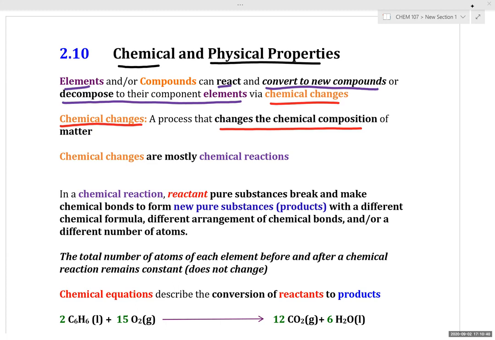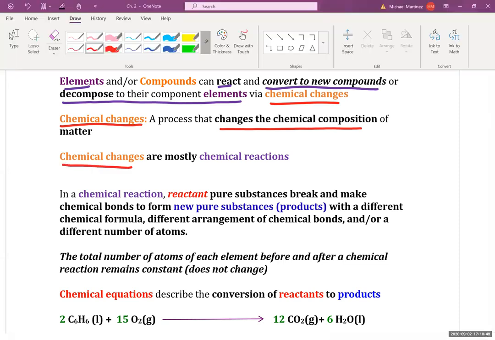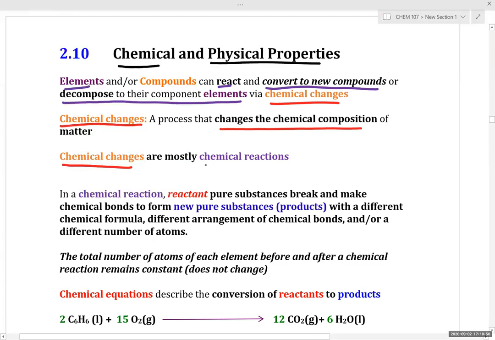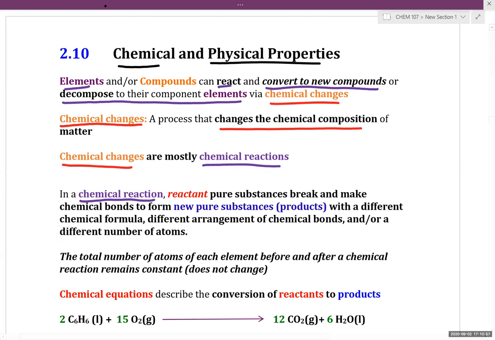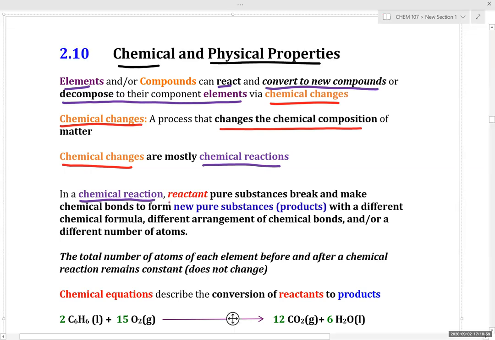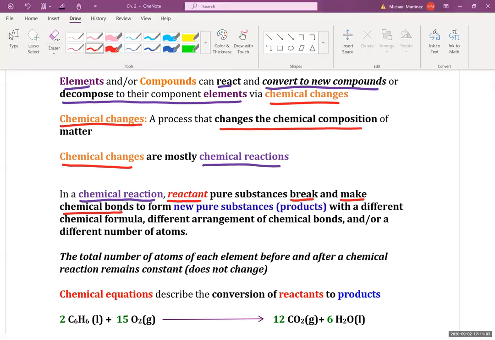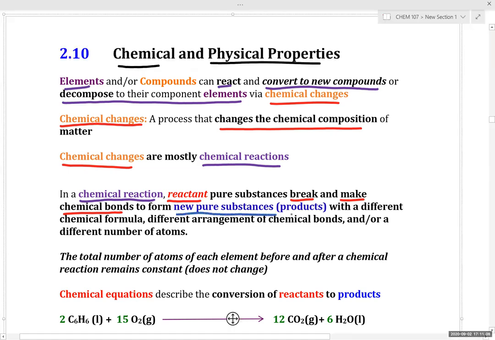So a chemical change is a process that changes the chemical composition of matter, and chemical changes are primarily, overwhelmingly, chemical reactions. Okay? So in a chemical reaction, our starting material or our reactants will break and make chemical bonds to form new pure substances that we call products.